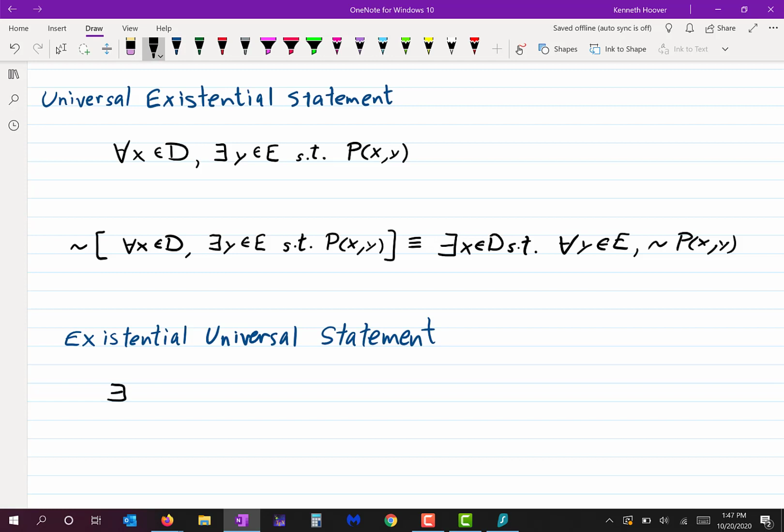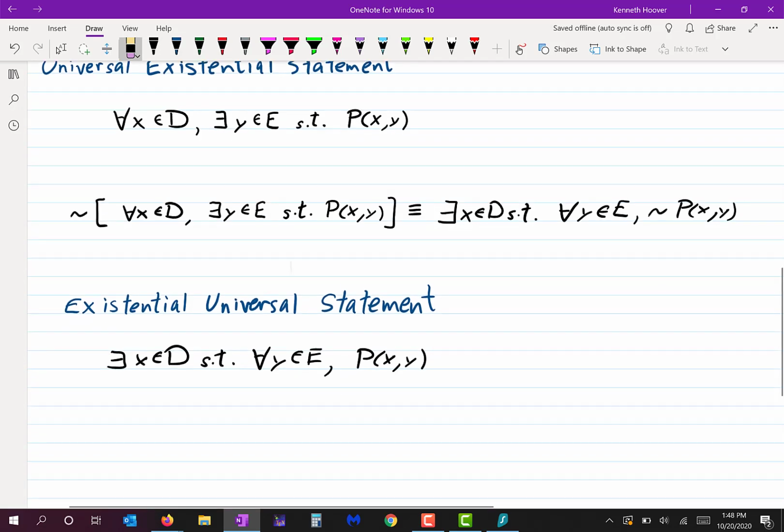There exists an x in D such that for all y in E, P of xy. An existential universal statement is existential. It is not universal. Part of it is universal, but the whole statement is not universal. The whole statement is existential. Okay?